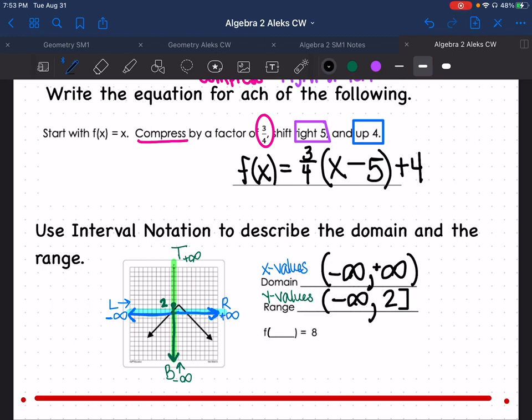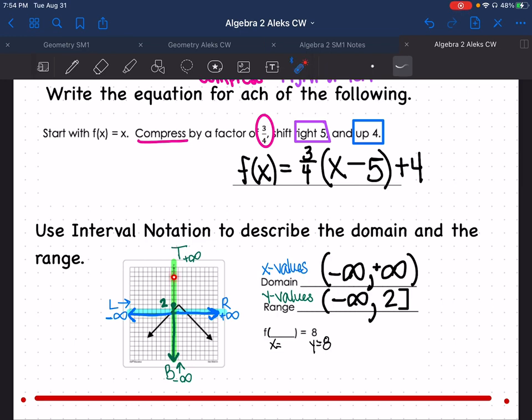There we go. Now remember, when doing this last part of this problem, we are just simply reading our graph. Now remember that this part is x equals, and this part is y equals. So what this problem is saying is, well, y is equal to 8, what's x? All you have to do is go to the y value of 8.